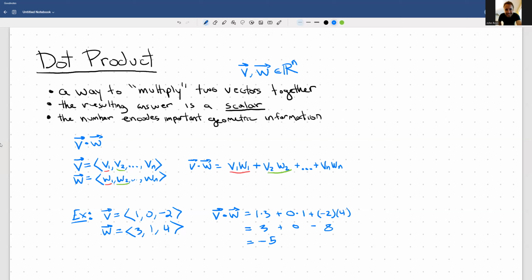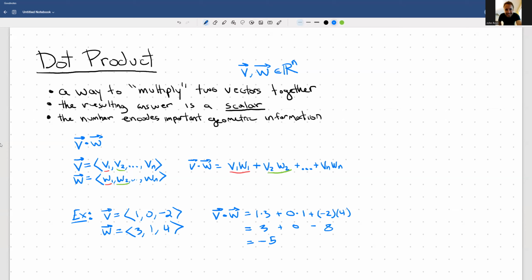And that's the dot product. It can work as long as you can see our two vectors are of the same dimension. We can always make sense of this and get a number, a scalar, as an answer. Now, what I'm claiming is that that scalar number encodes some important geometric information. So this -5 is actually telling us something about the relative position geometrically of v and w in this three-dimensional space.